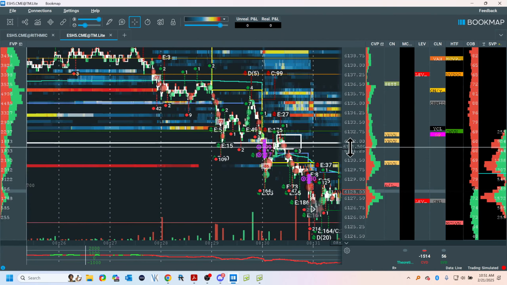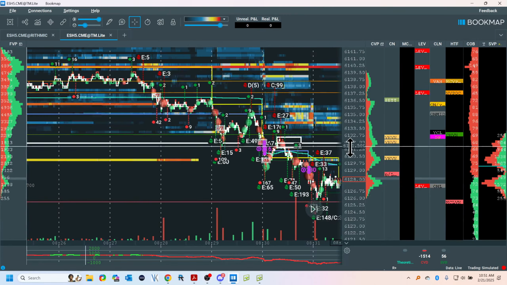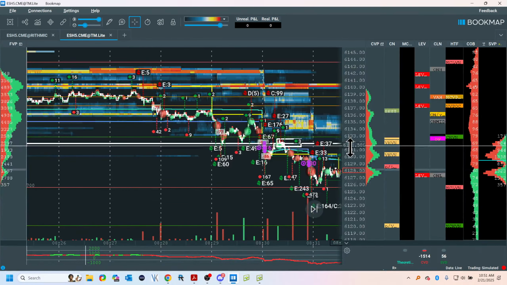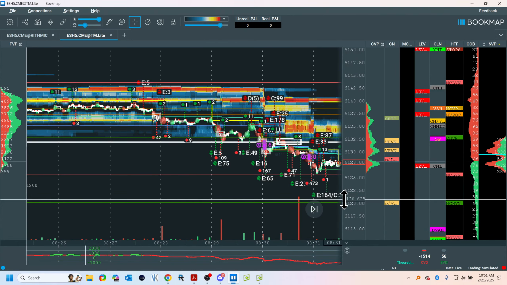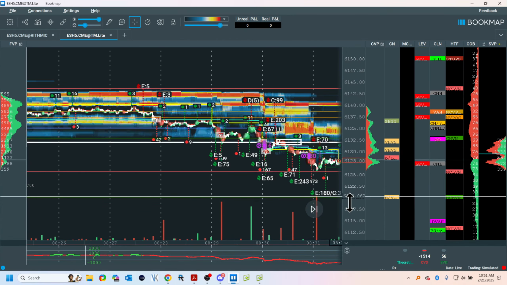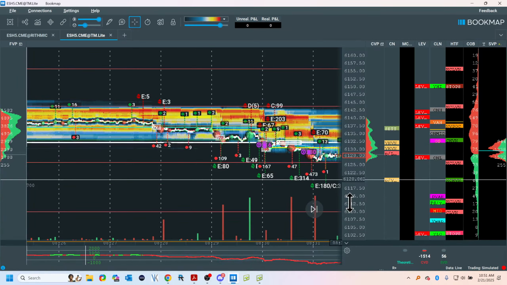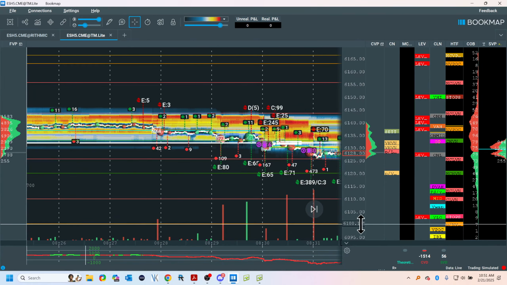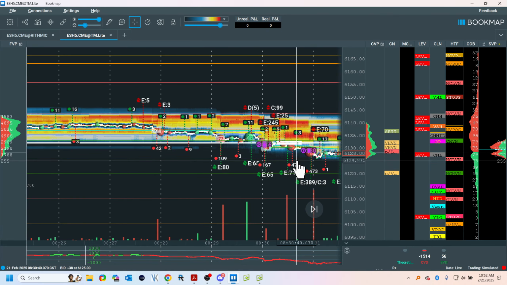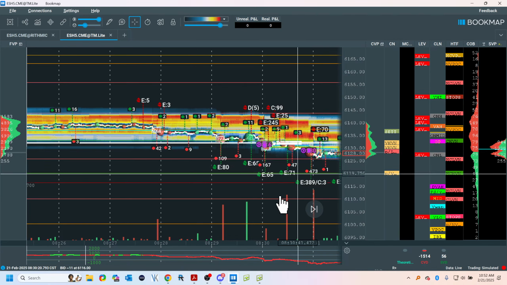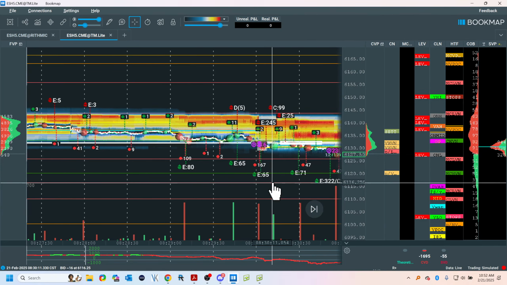Now, 6100's a key location, and it should be labeled somewhere over here. Actually, 6120 was important, and 6100, I think it's labeled here someplace. Yeah, this. Yesterday's low, okay? So stops are under here. So for me, based on everything, I'm going for that. So let's see how it plays.